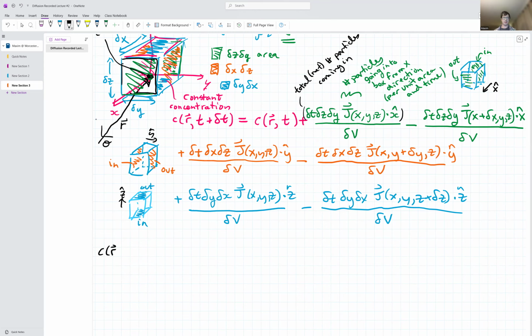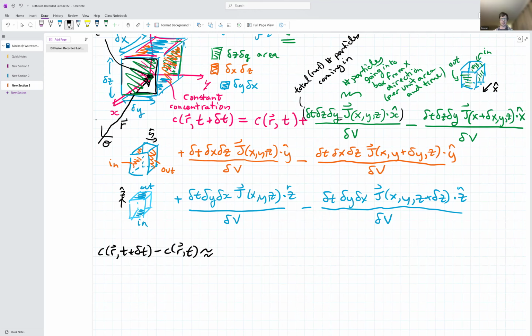We get C of r at t plus delta t. I'm going to subtract the C of r, t over here on the other side, and now I'm going to approximate. So the first thing to notice is that if I multiply and divide the top and bottom of this term by delta x, the first term, then I'll get the volumes canceling.